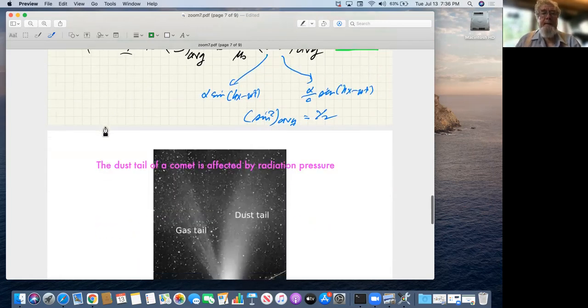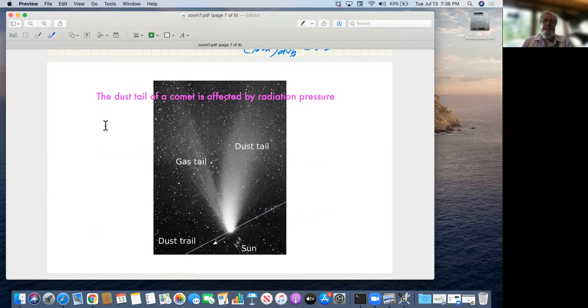All right. Oh, here's a problem which has to do with radiation pressure. Radiation pressure is, well, if light hits a surface, it exerts a pressure. Now, the pressure of light is not very strong. The pressure of the atmosphere is 15 pounds per square inch.